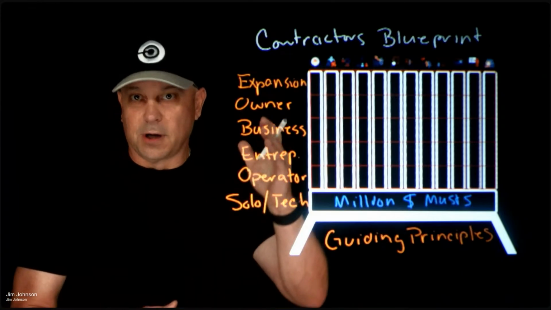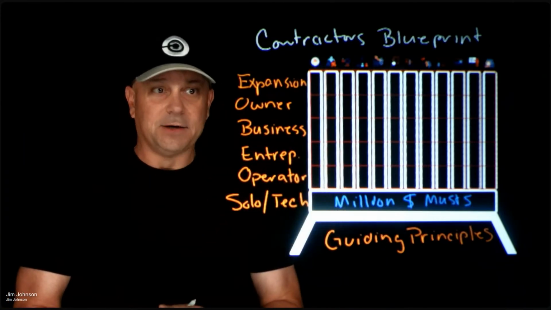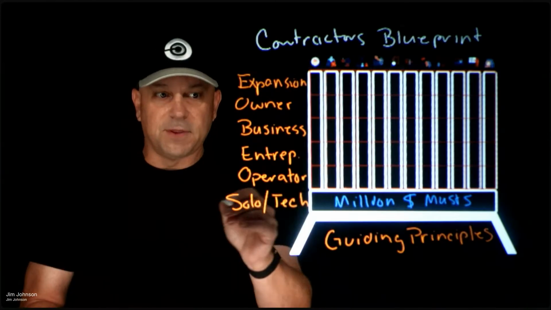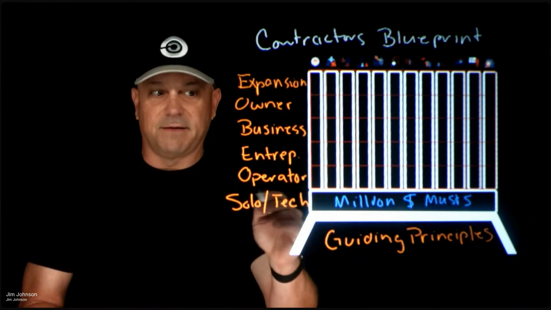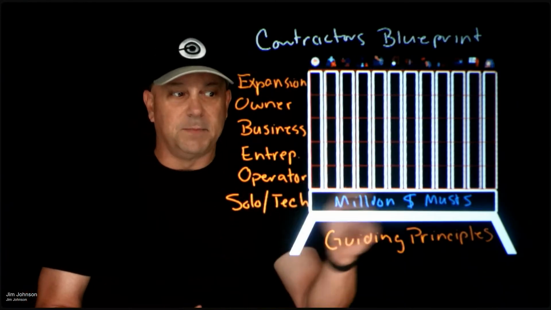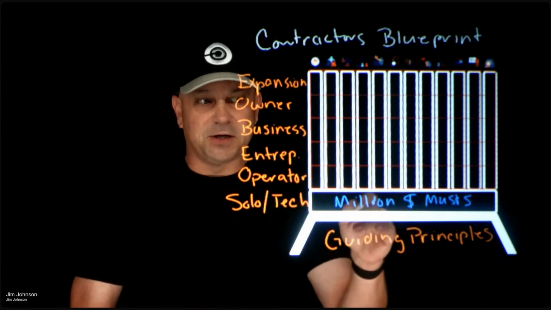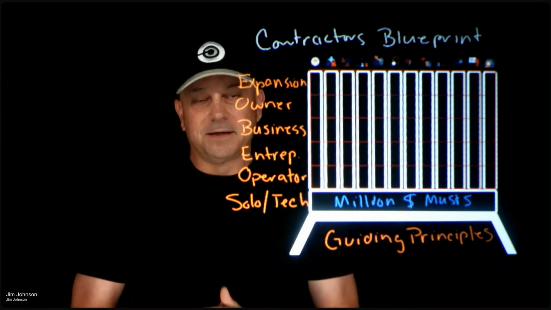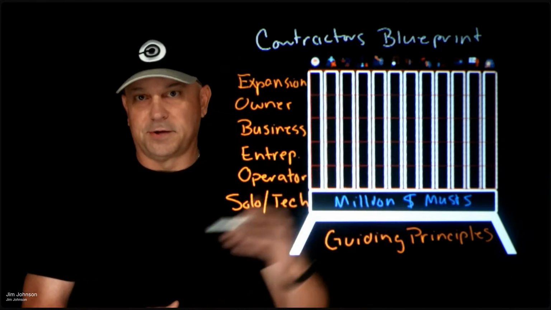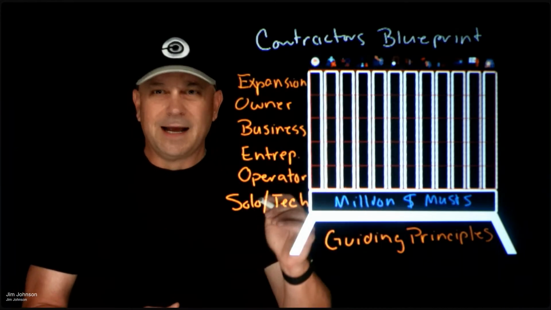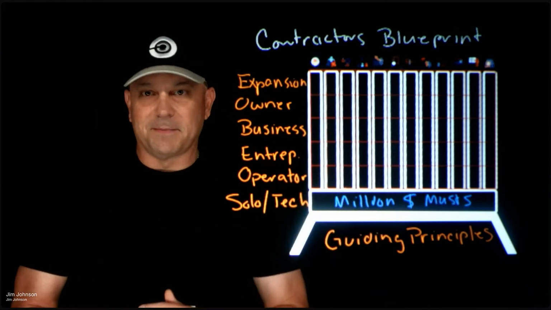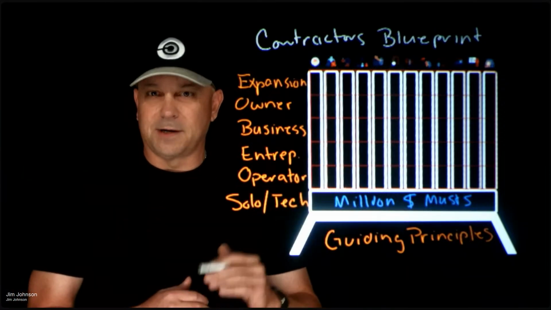And today we're going to again talk about leadership and leadership for these stages of leadership, solo and tech and the $1 Million Must, these things that we have to do that are part of these 12 pillars of your business, but it's not that I have to do all 12 of them. There's some simple things that we've got to do to get to that $1 million.